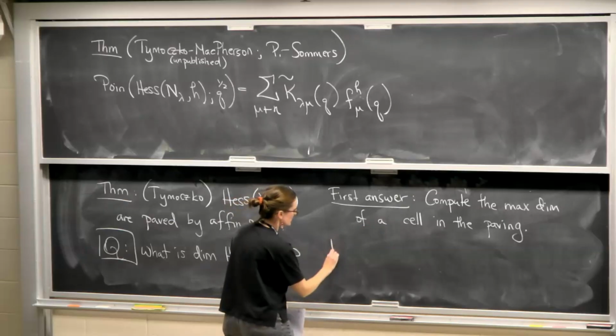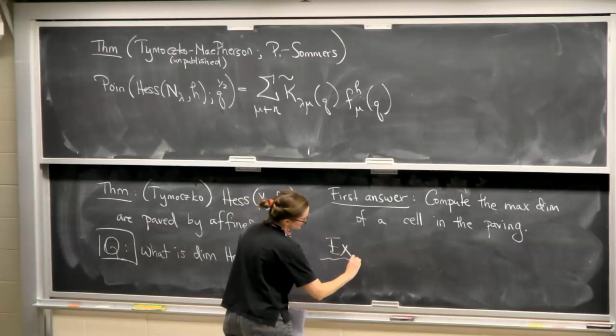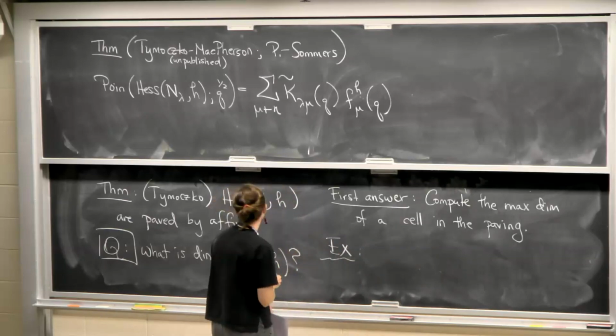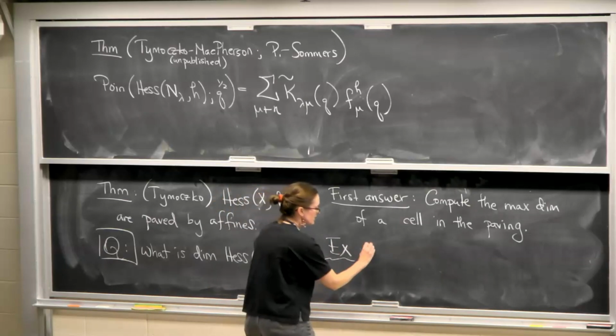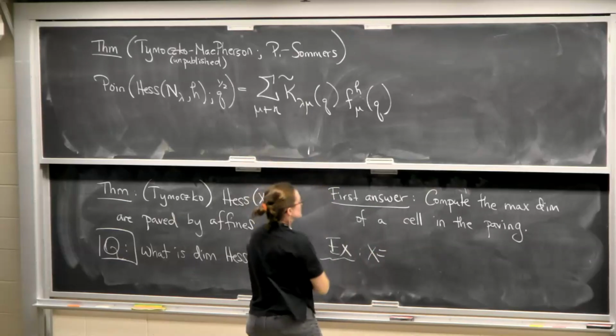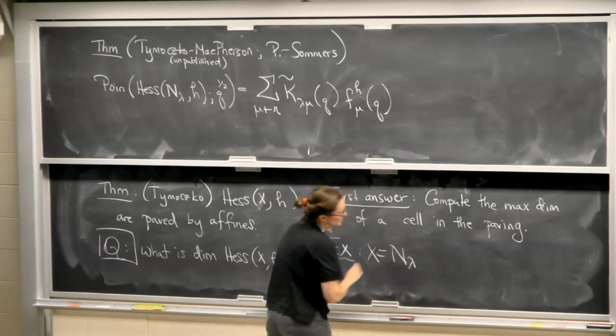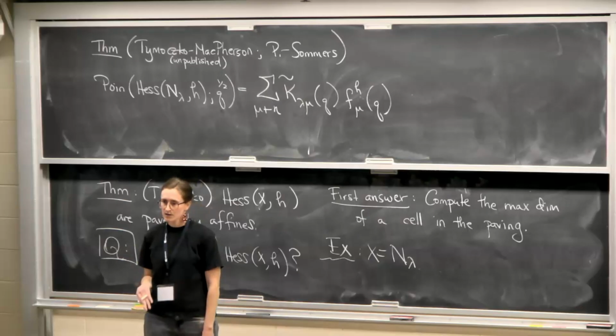So let me show you an example, or just how to think about this in one example. Let's suppose X really is exactly this one we were interested in up here, nilpotent of Jordan type lambda.